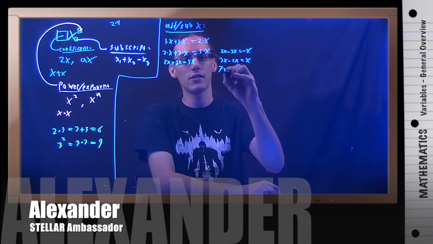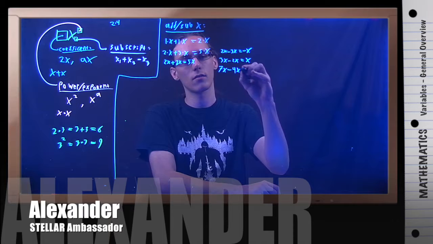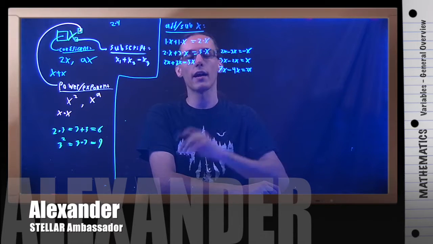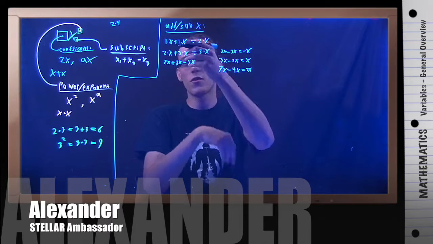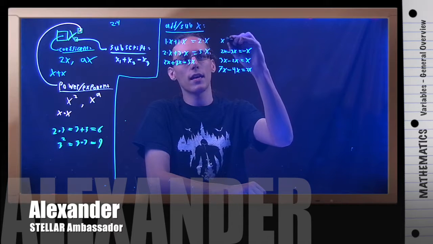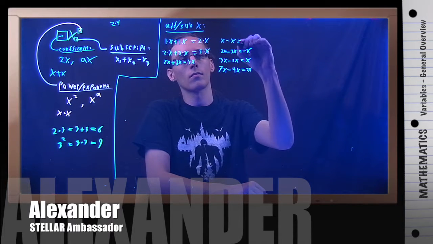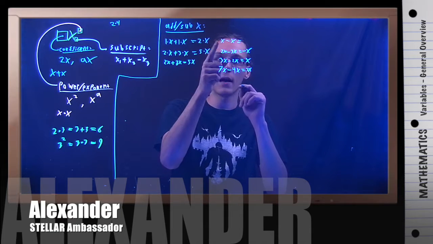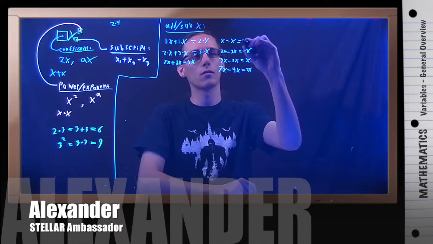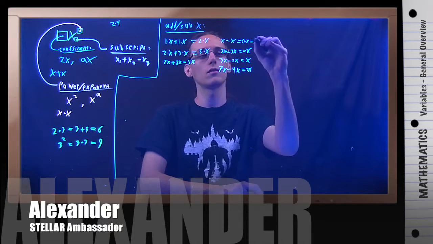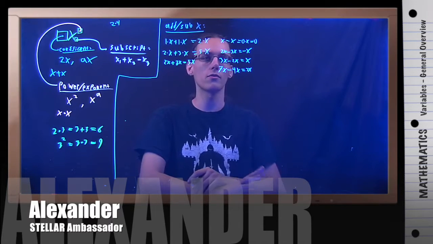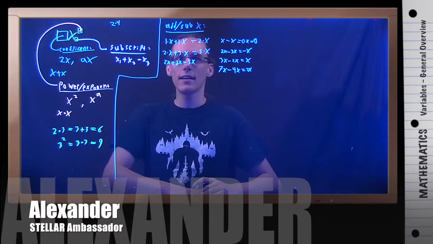Or if I had 7x minus 4x, that would be 3x. Just to give you several examples to get the idea going here. Now, of course, subtraction, what if I had x minus x? Well, 1 minus 1, that's 0. And 0 times anything, including an x, would be 0. You've got none of those. So that's adding and subtracting.